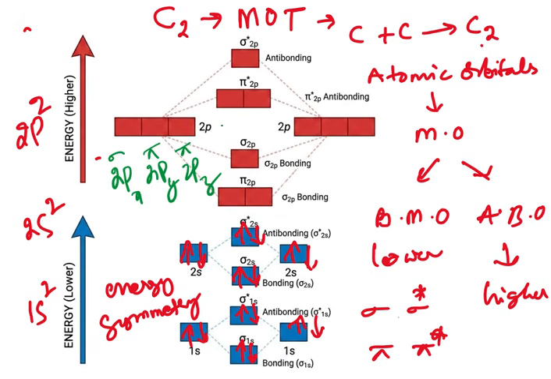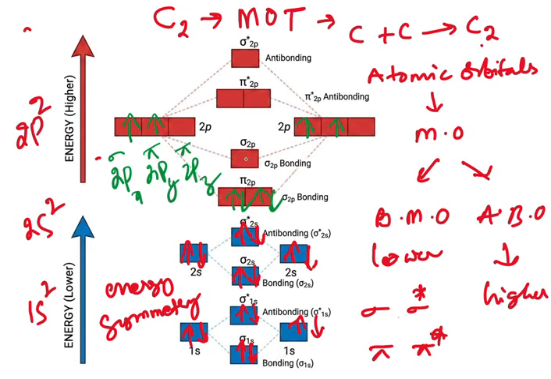Now, for example, here the 2p2 of both carbon atoms have 2 electrons each, and these electrons pair up in the ground state to fill pi 2py and pi 2pz, so the electrons are paired in these.